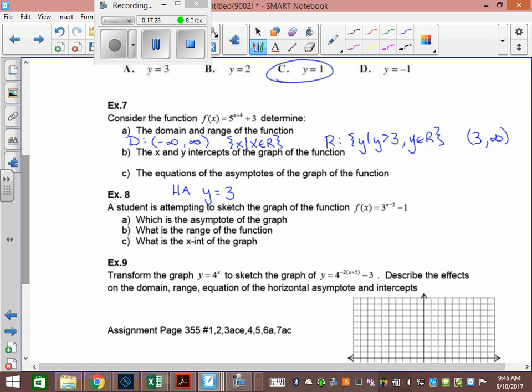Yeah, but you do the reflection first. Sure, I'll do the reflection first. Now what am I going to do with it? Plus 3, so 3 up. Oh, prove my point correctly. Yeah, we set you up.